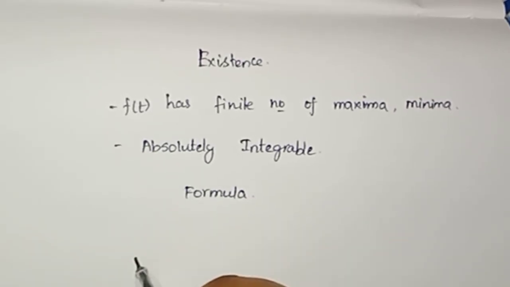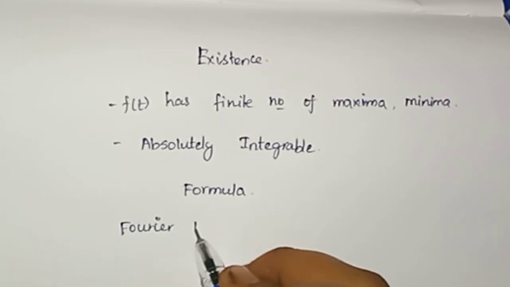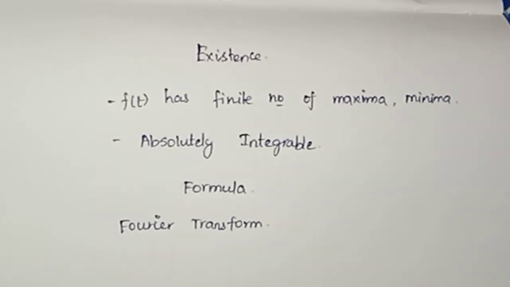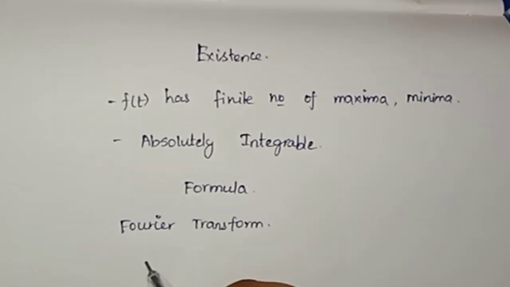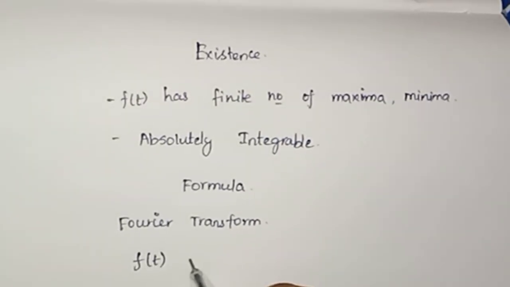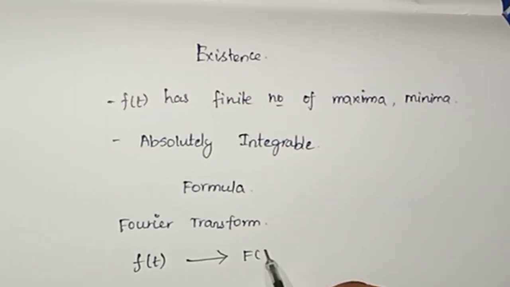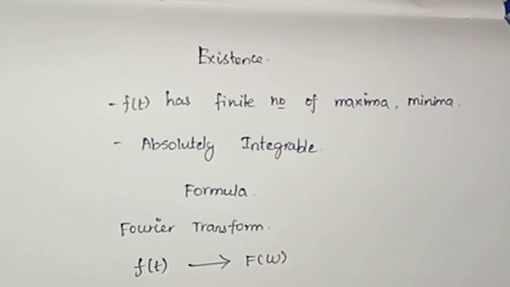Next, formula. In case of Fourier transform, we all know the signal time domain is converted into frequency domain, simply written as f of t is converted into F of omega. t means time domain, omega means frequency domain.